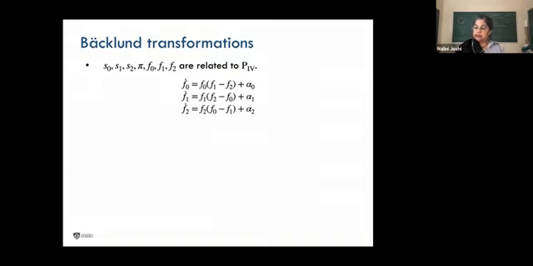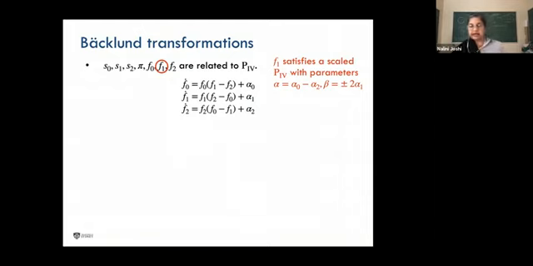And this is really another way of writing Painlevé 4. If you were to eliminate two of these components, it turns out that F1 satisfies a scaled version of the fourth Painlevé equation with parameters related to A0, A1, and A2.